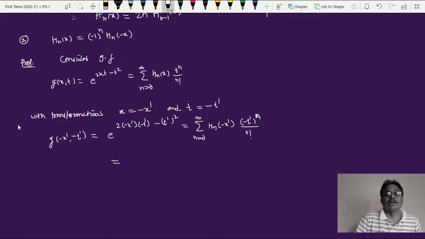I can further write this right hand side as summation over n equal to 0 to infinity minus 1 raised to n into h n of minus x prime.